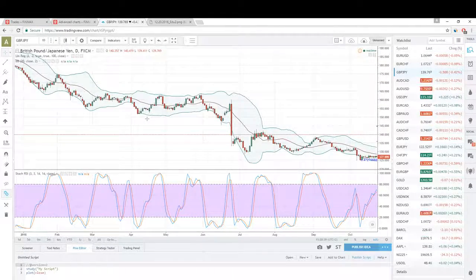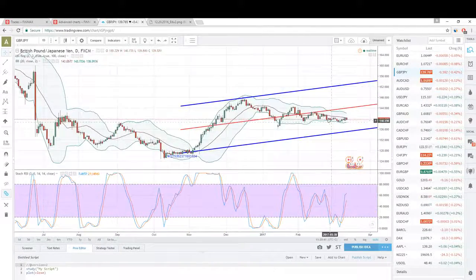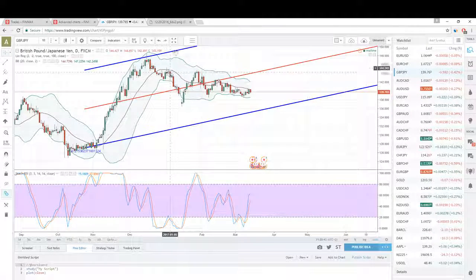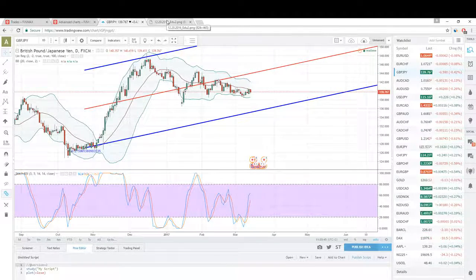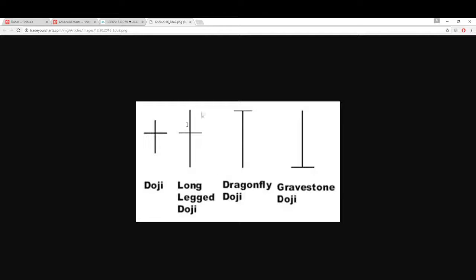So basically that's the general information that I wanted to point out. These two candles show us that the market is in indecision, and they can mean both continuation of the trend as well as a change of trend.